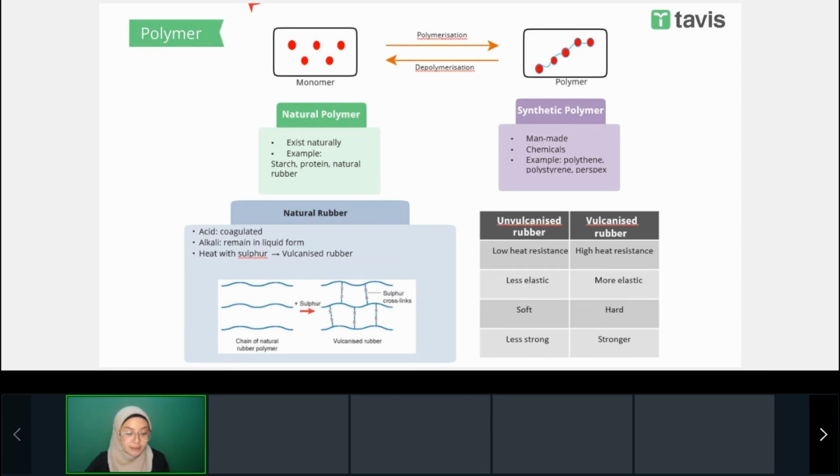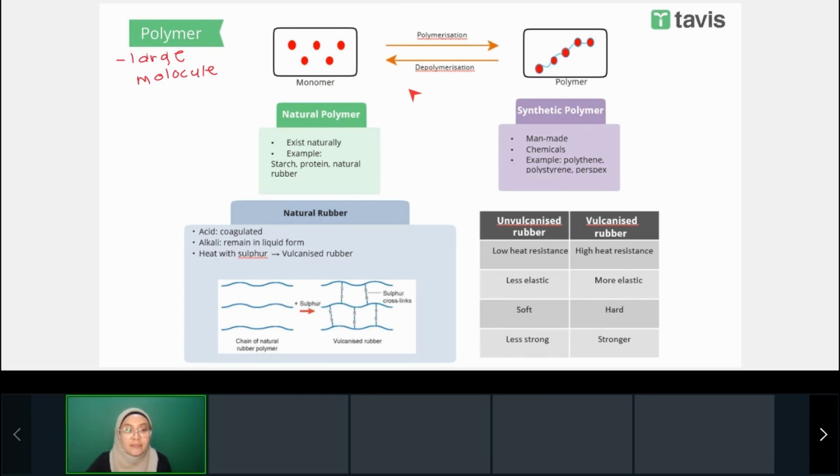Polymer is a large molecule comprising small molecules called monomers. Monomer is the one that makes your polymer. It will undergo a process of polymerization.